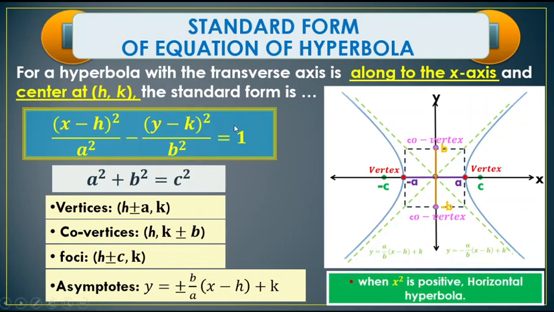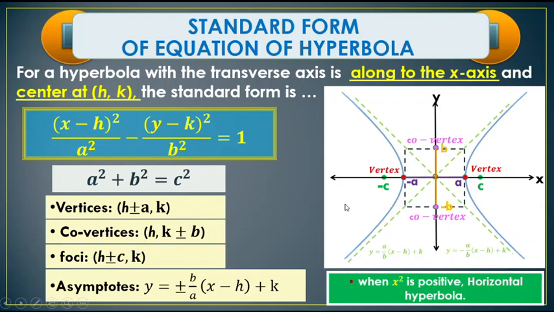So, ginagamit natin siya kapag si x squared is positive. Then, horizontal hyperbola tayo. So, ibig sabihin kapag yung x term natin dito ay positive, ibig sabihin horizontal hyperbola, gagamitin nating formula para makuha yung equation ng hyperbola.